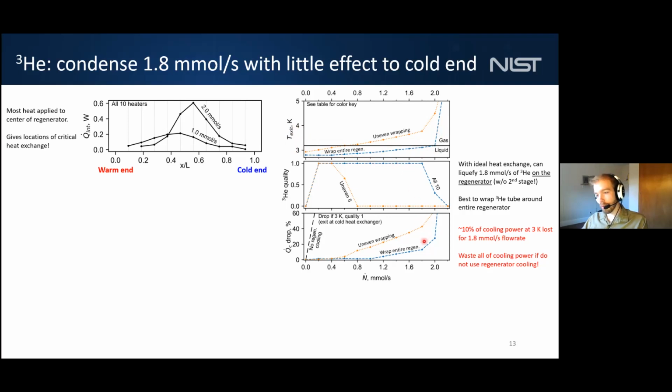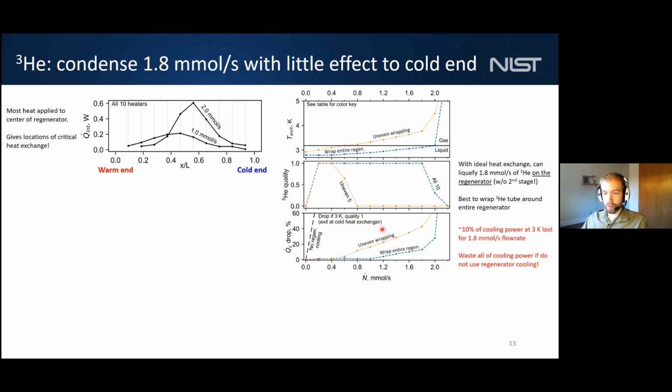And we see that up to flow rates of 1.8 millimoles per second, we can actually condense the helium on the heat exchanger on the regenerator. So the exit temperature is below 3.18 Kelvin, and the quality of the helium there is 1. That is, it is a liquid at a flow rate of 1.8 millimoles per second.